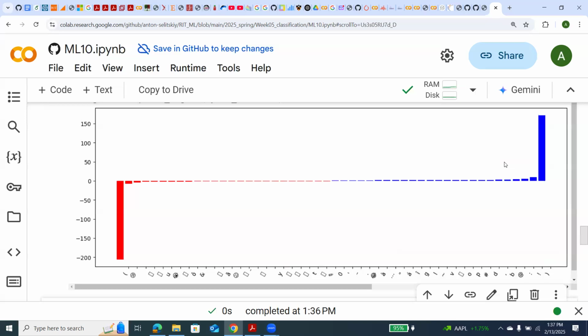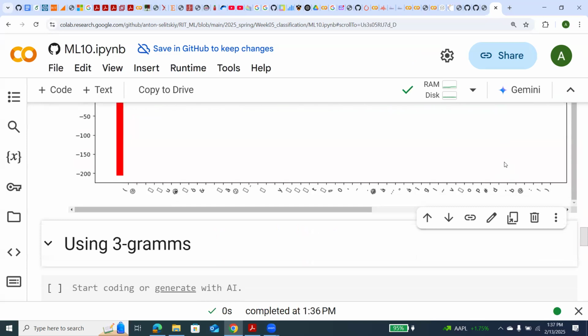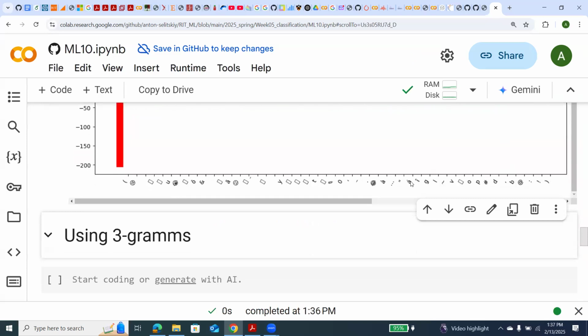And finally, let me run this not on one character, but on 3 grams. So it will be 3 characters.